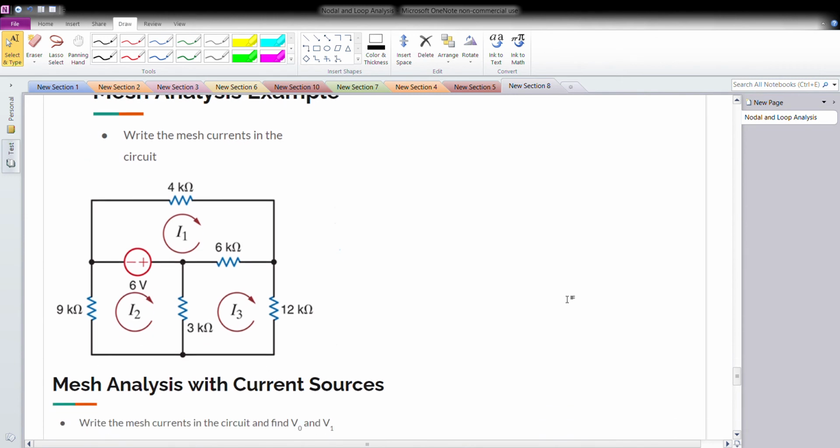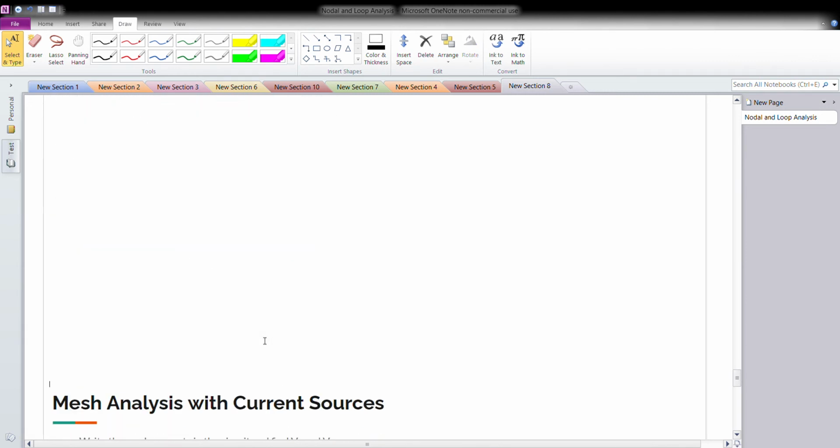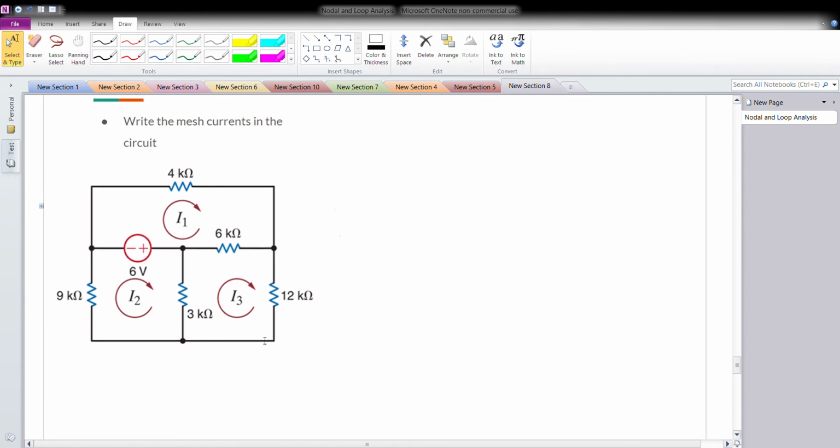So I have 3 loops, as you can see here. My currents are already defined, and I'm going to do loop analysis to find my loop currents. Let's write our loop equations. For loop 1, the 4K only belongs to loop 1, so it's just going to be 4K times I1 plus 6K times.